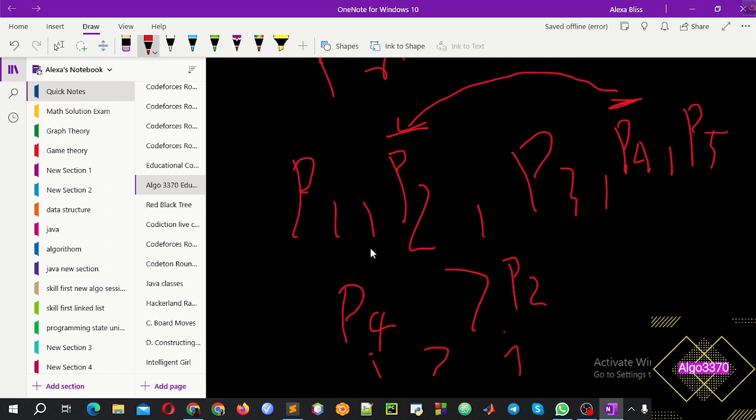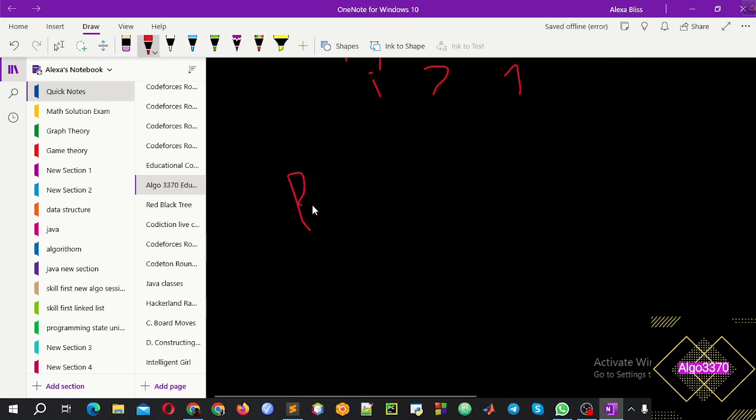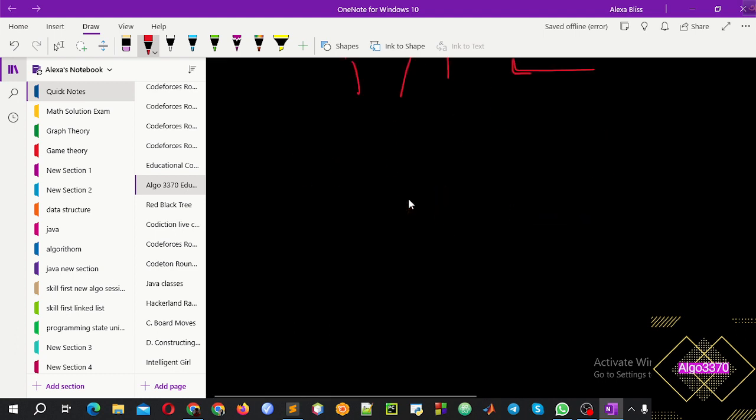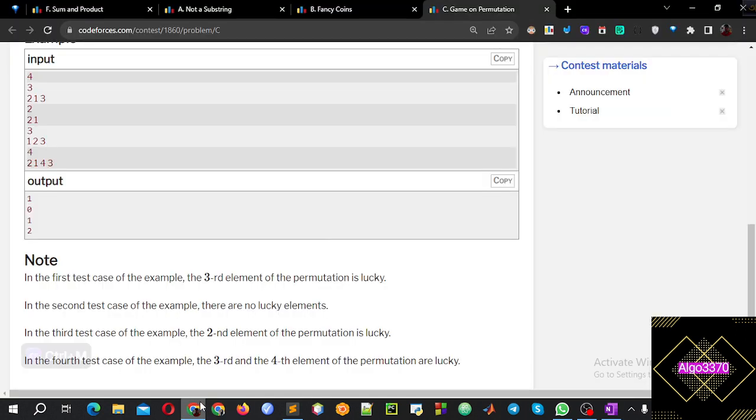So P of i will be greater than P of j, and i must be greater than j. Alternately they take turns. At the first turn Alice will place the chip, and then both of them take turns one by one. So let's solve an example, then this will be more clear.